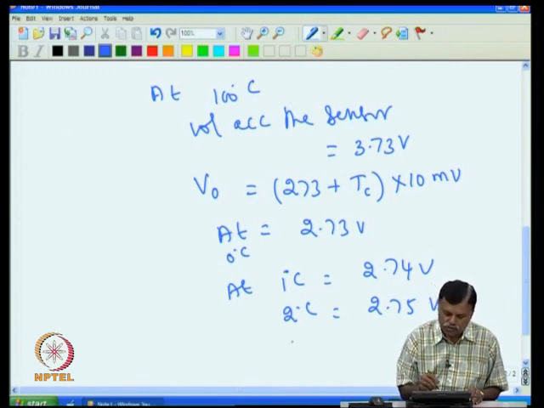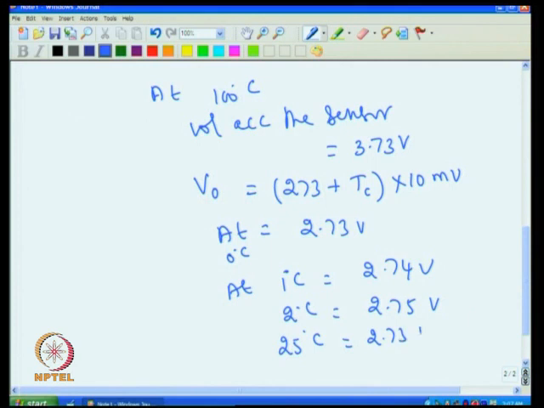Say at room temperature, for example 25 degree C, I will get 2.73 plus 0.25 volts, that will give me 2.98 volt.